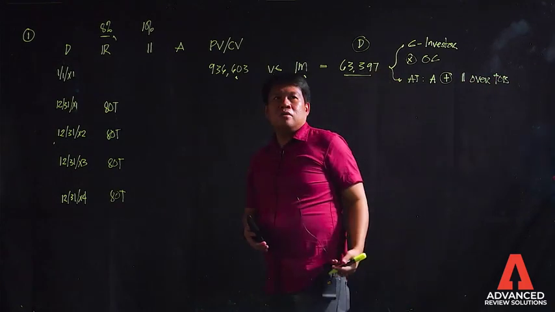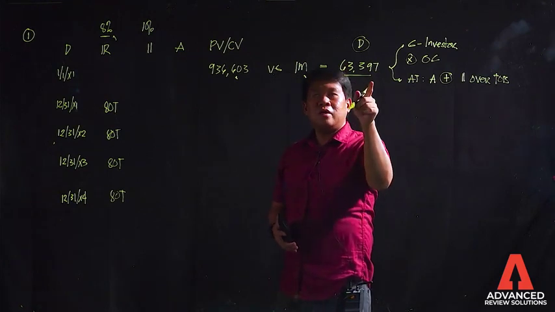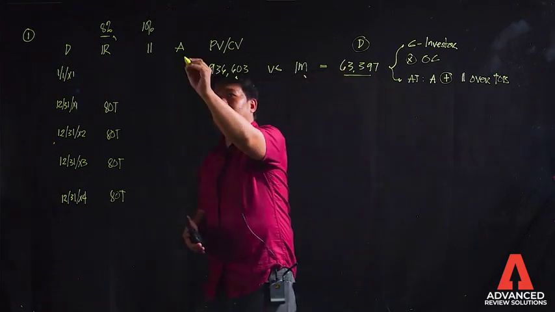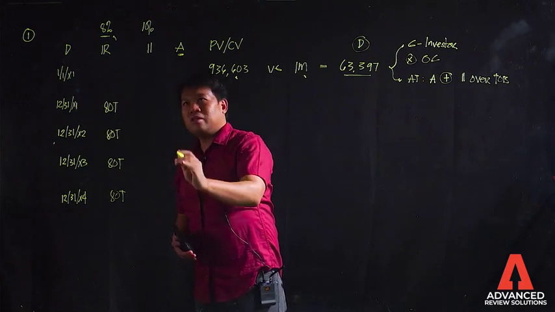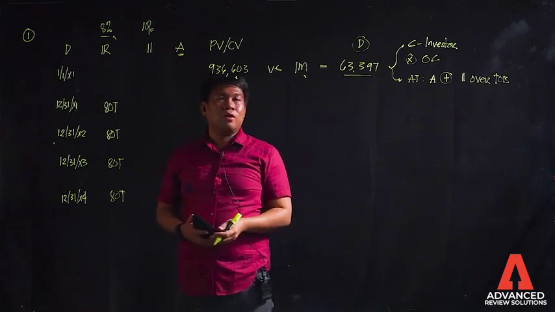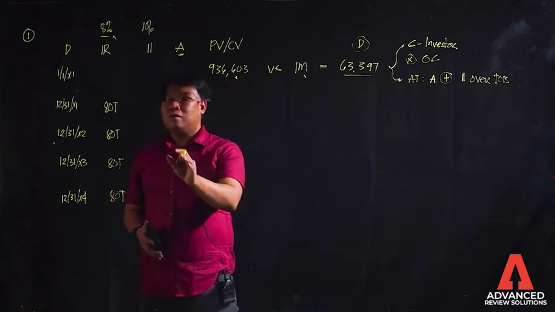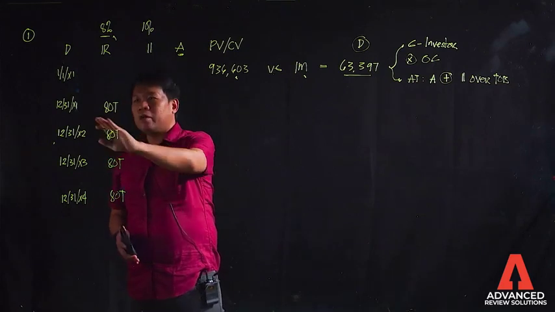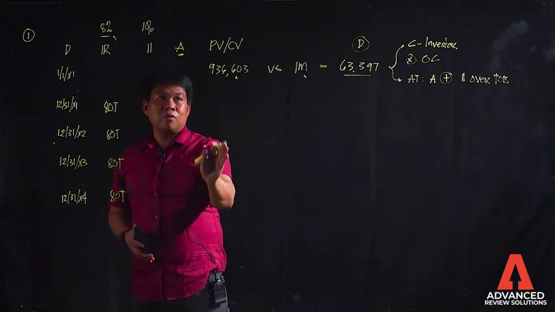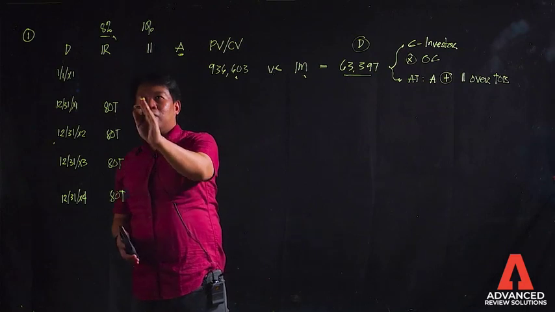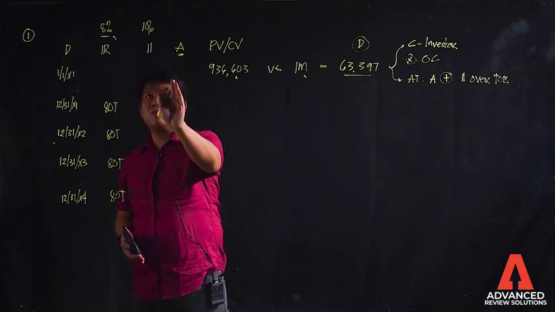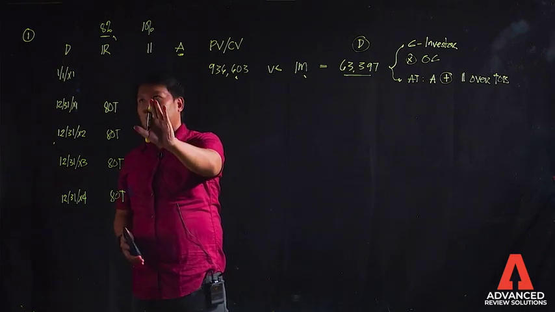Okay? So, this 63,397 should be amortized as an addition to interest income over the term of the bonds. So, let's compute first for the requirements under this effective interest method of amortization and explain the interrelated concepts behind this problem 1.